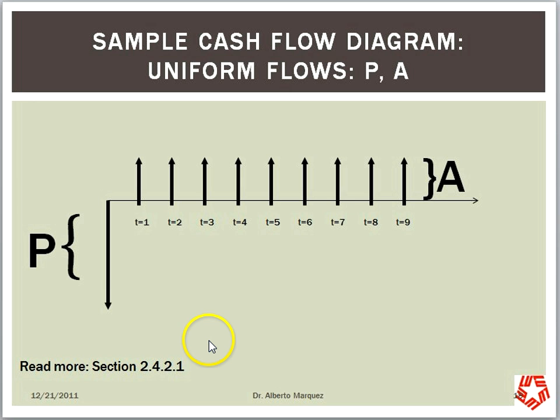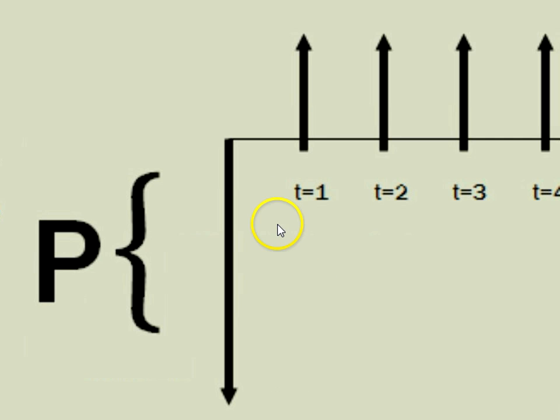Since all of them are for the same amount, we can use these formulas to make one single computation to compute, for instance, the present value. Now, as you can see here, there is a period of separation between the first annuity and the present, and that's a characteristic that we will need to take care of when we properly model these cash flows.